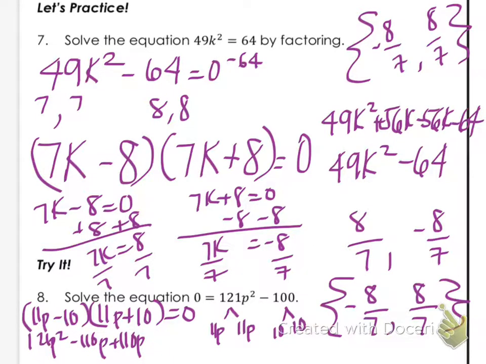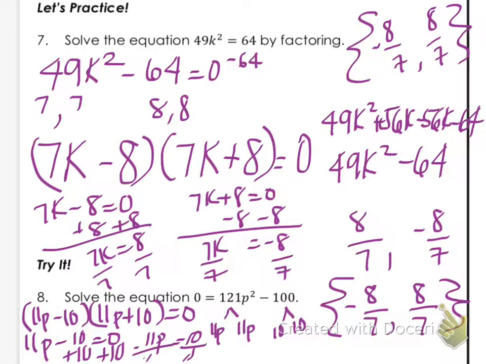So now we can just solve these two expressions, remembering that one is going to be positive, the other is going to be negative. For the first one, 11p minus 10 equals 0. We add 10 to both sides, and we end up with 11p is equal to 10. You divide both sides by 11 for one answer of 10/11.